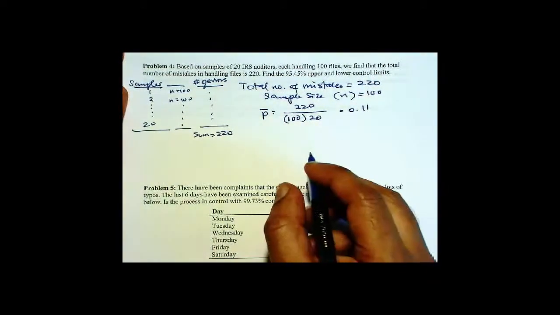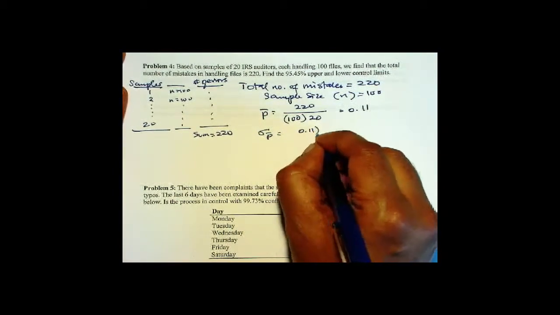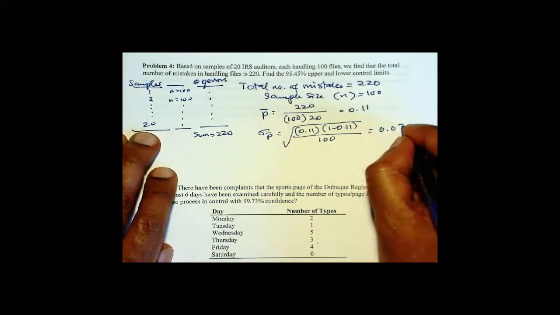That gives us 0.11. And then sigma sub P bar will be the square root of 0.11 times 1 minus 0.11, divided by the sample size of 100. Not 20, 20 is the number of samples. That value is 0.03129.